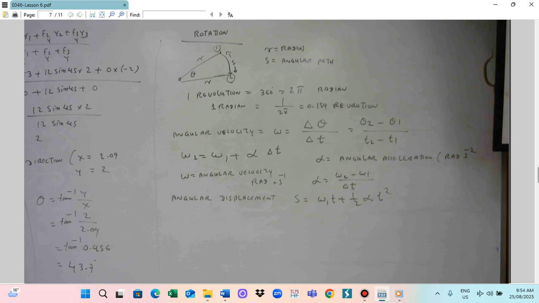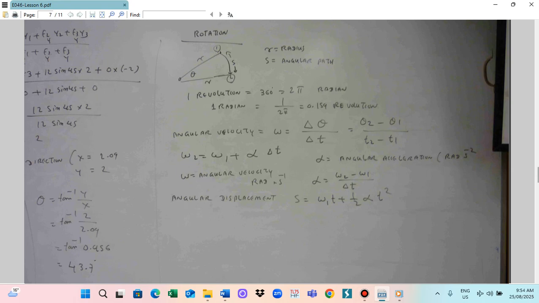And also we can calculate the angular displacement, which is equal to W1 t plus half alpha t squared. So angular displacement can also be calculated by this formula. Problem.